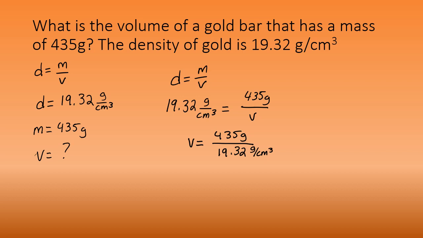Then if we put 435 divided by 19.32, we see that the volume is going to be 22.5. And the volume specified by the units is centimeters cubed. So a gold bar that weighs 435 grams will have a volume of 22.5 centimeters cubed.